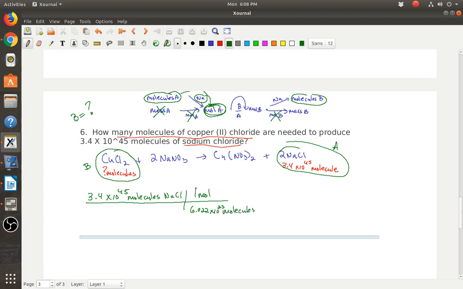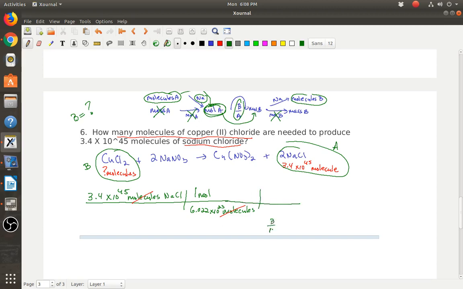That's how many molecules are in 1 mole. Cancel my units. Molecules cancel. So now I have moles of A. I have moles of sodium chloride, and I want to go to moles of B, so I still have to use that molar ratio. You're always going to need that.